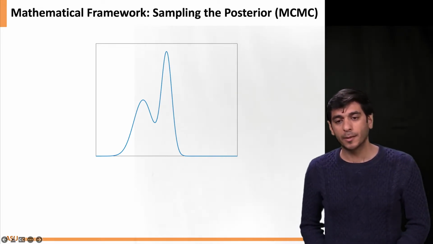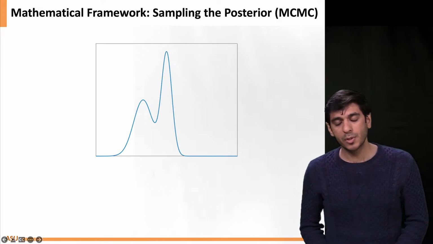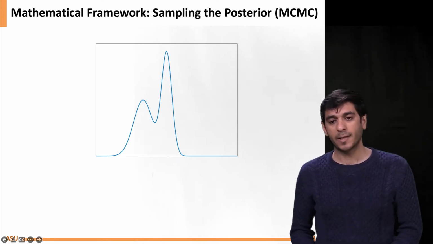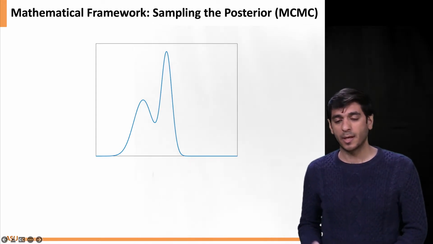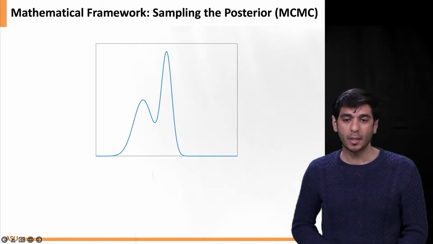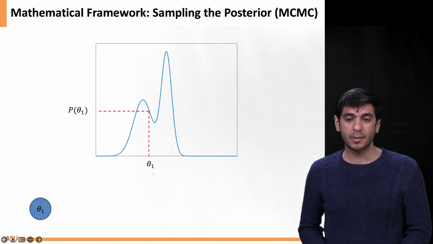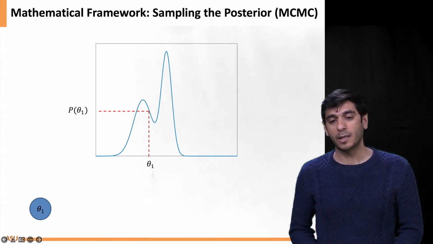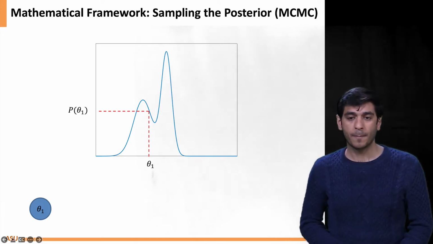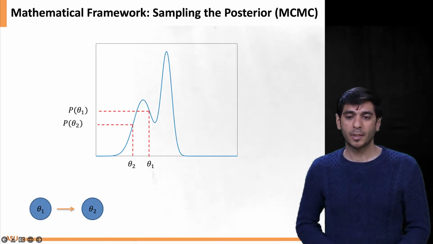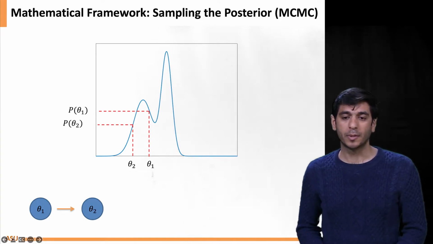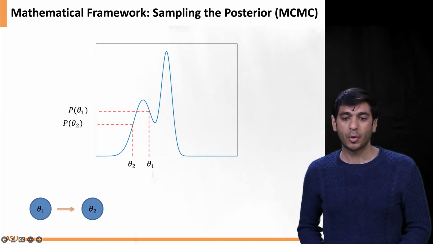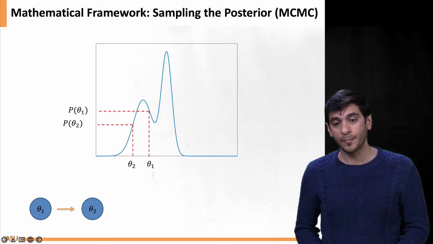So let's say the posterior distribution that I have has the shape that is shown on the screen. I start from a random location, θ1, with the posterior value at this point being P of θ1, and then I propose moving to another point θ2 with the posterior value P of θ2.